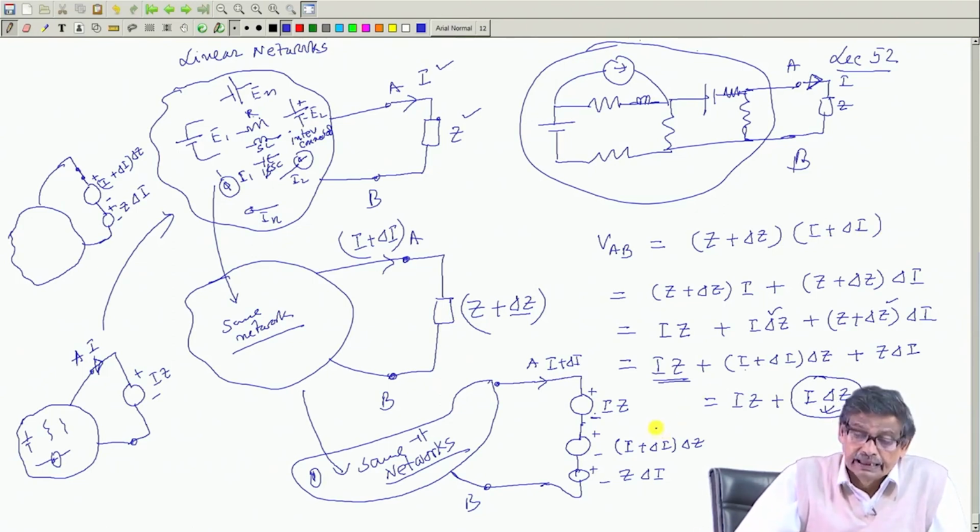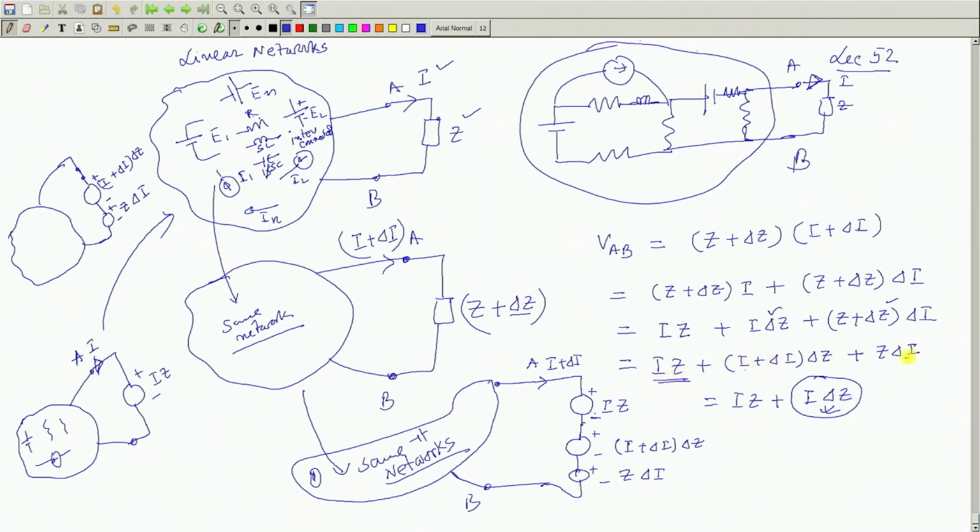Then I say that there are now these three sources. So this I Z can be replaced by a voltage drop battery with I Z magnitude, with this polarity. Why this polarity? Because I was entering like that.